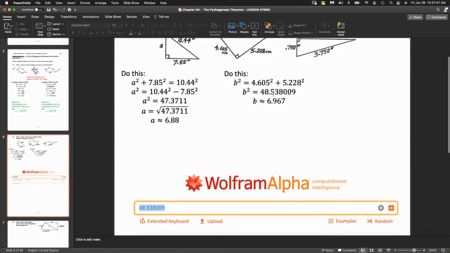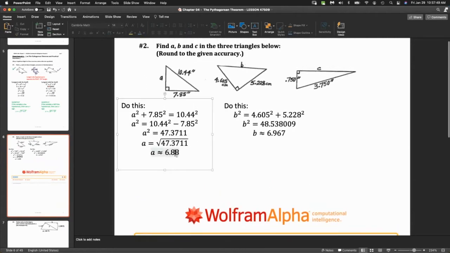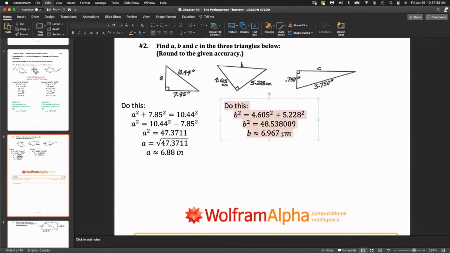Anyway, so we got that answer. This is not pretty. That should be inches, and this one over here should be centimeters. And a comment for Ram: Ram's answer and my answer differed by one number at the end. Ram had a 6 and I had a 7. If your answer is up or down by one digit, it's okay.